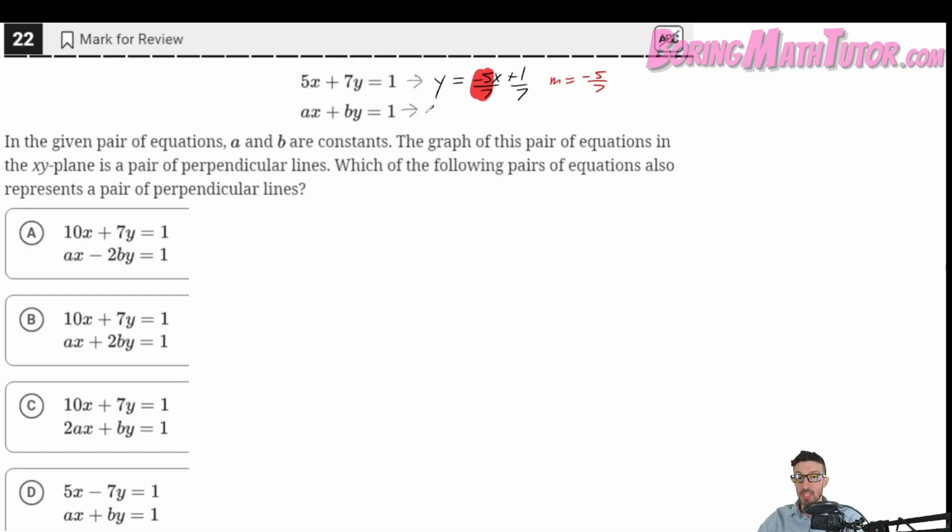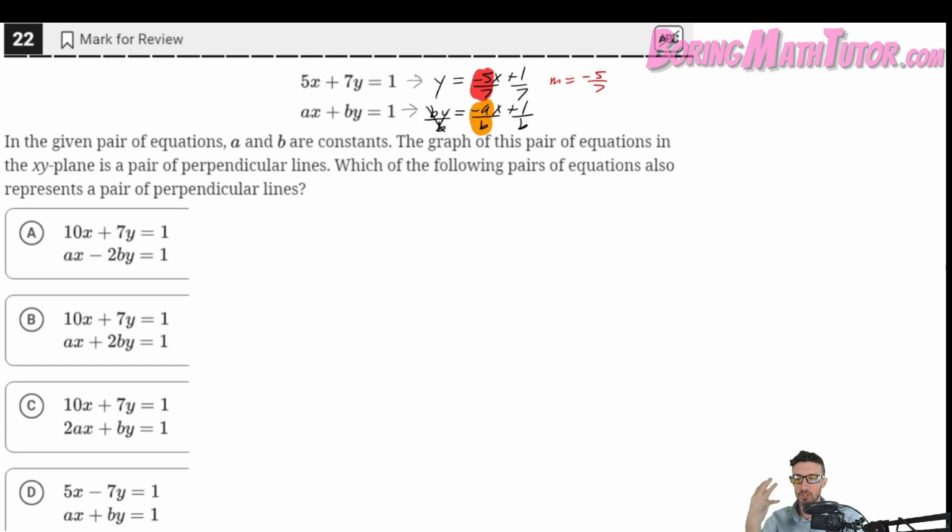Now, if I solve the other one for y, that's a little trickier. You would get by equals negative ax plus 1, and then you divide by b, so that way you can get the slope here. Now, here's the thing. We know that there's supposed to be negative reciprocals.